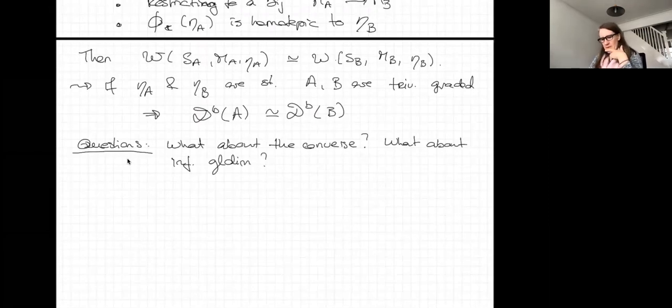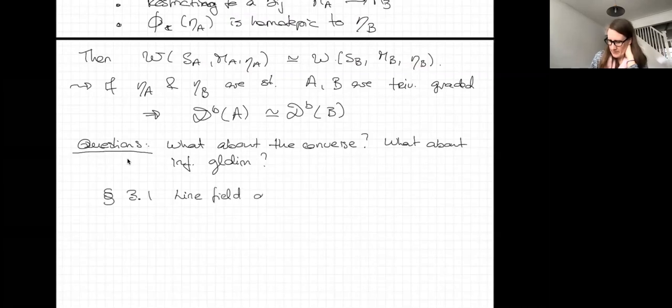Okay, so maybe now is the time to say something about these line fields. So this is the next section, which maybe is 3.1, line field of a gentle algebra.